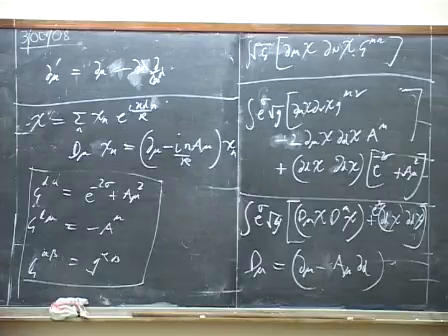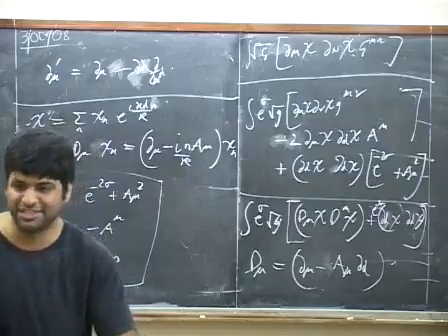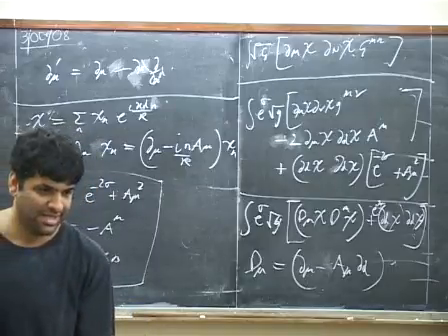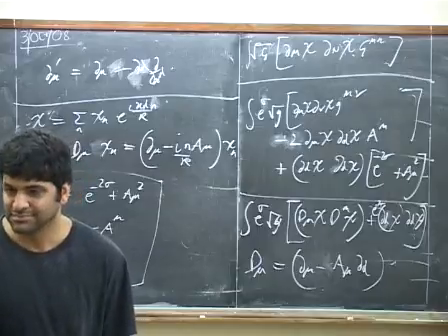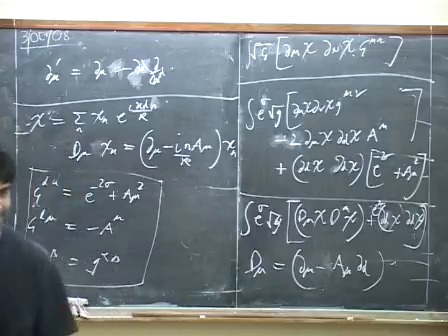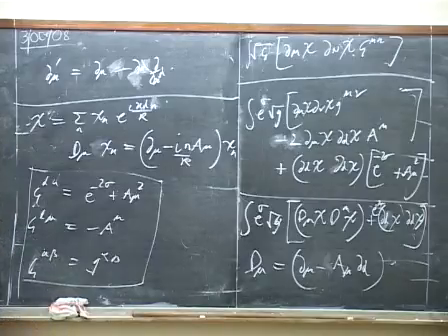I'll leave it as an exercise for you to show that under a gauge transformation generated by the change in coordinates, the χ_n's transform exactly like charged fields. Is this clear? Okay, very good.